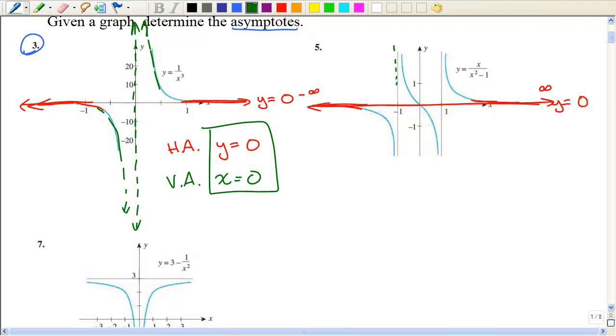Truthfully, these should be dotted or dashed lines. These are not actually part of the graph, just the blue curved part. Those would be vertical asymptotes because you can see the graph is going way up high and way down low. And so this vertical line is x equals negative 1, and this vertical line is x equals 1. So those would be my vertical asymptotes. This would be my horizontal asymptote.